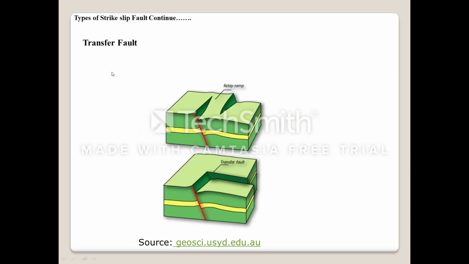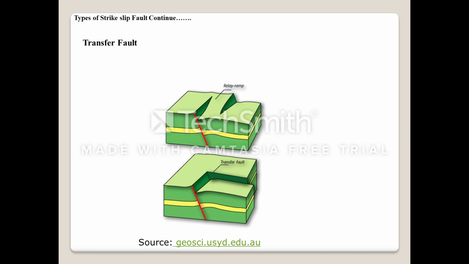Then the transfer fault. It applies to two different geometries of strike slip fault in an extensional terrain. These are associated basically with the extensional regime, and here the energy is transferred from one major thrust to the fault system. This one is related to normal faults, that's why it is an extensional terrain.